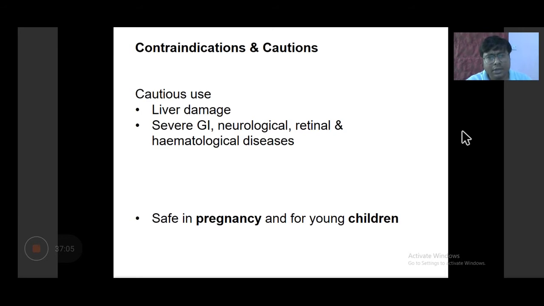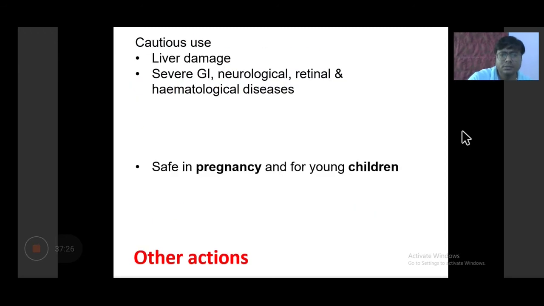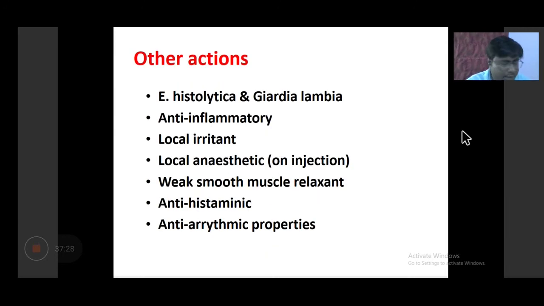Or in case of severe GI diseases or neurological or retinal or hematological diseases, we should not use chloroquine. So it is a very safe drug actually, safe in pregnancy and young children, and very safe as far as ADR is concerned. Apart from GI intolerance, other side effects are very rare. So not at all a big deal.